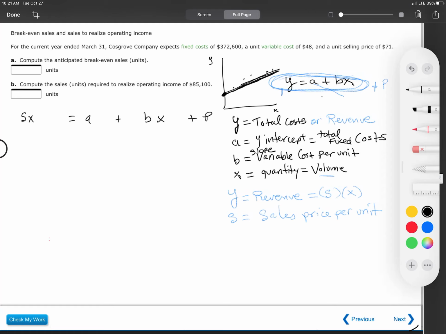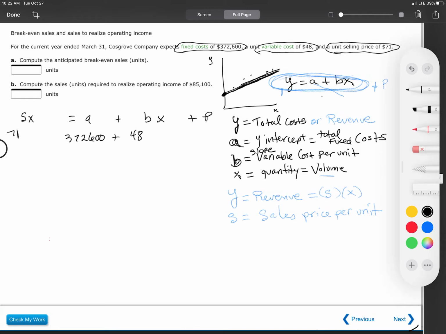All right, now let's read the question here. For the current year, fixed costs are $372,600. A is the fixed costs. So let's insert $372,600 for A. Unit variable cost is 48. So the unit variable cost is B, 48. The unit selling price is 71. So S is 71.